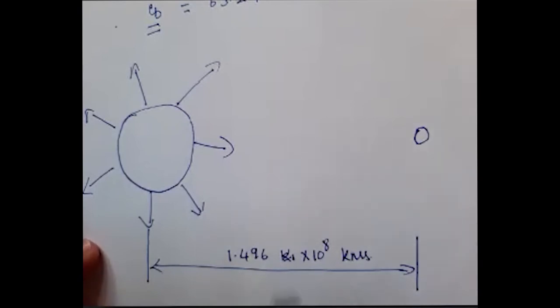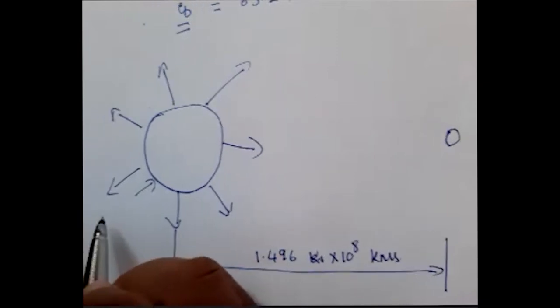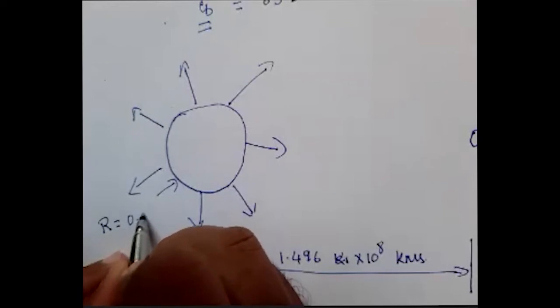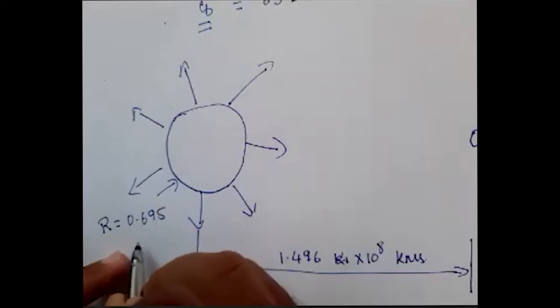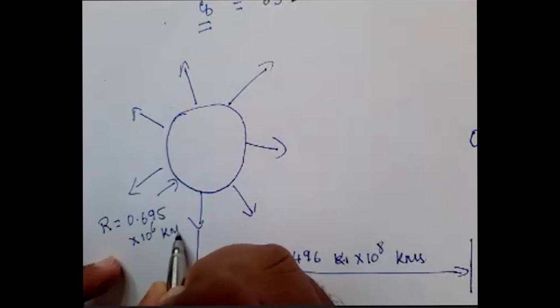Then we have the radius of the sun. Radius of sun is around 0.695 into 10 raised to 6 kilometers.